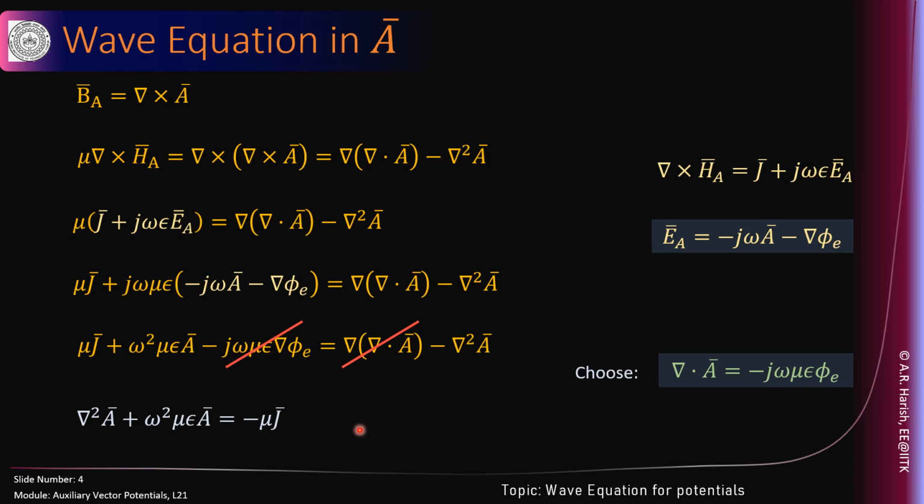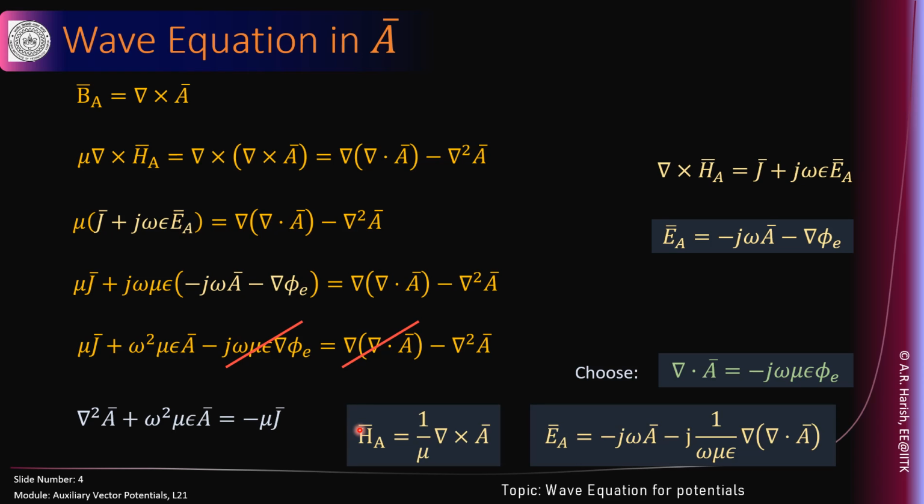In the earlier problem, when you are trying to solve E and H from J or M, the directions of E and H were not related to J or M in a straightforward manner. Whereas in this equation, the directions of A and J are the same, which is very helpful and handy.